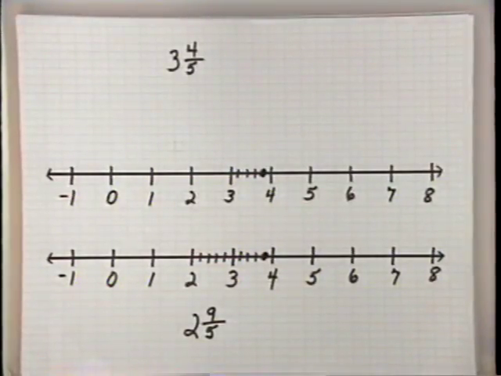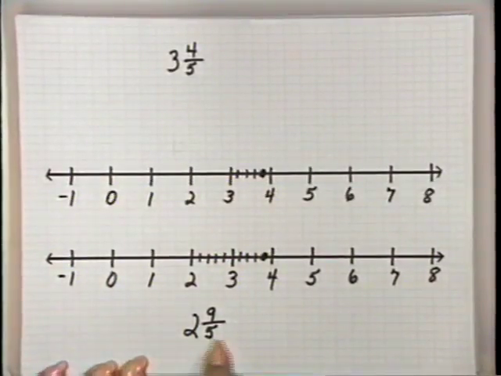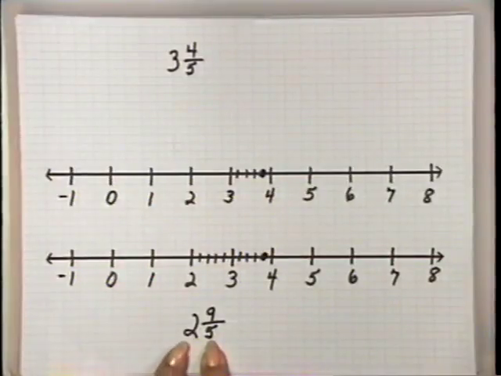Now, in our work with the addition and subtraction of mixed numbers, generally we are going to be adding the fractions to the fractions and the whole numbers to the whole numbers, or subtracting the fractions from the fractions and the whole numbers from the whole numbers. When we add, sometimes we get answers like 2 9/5.